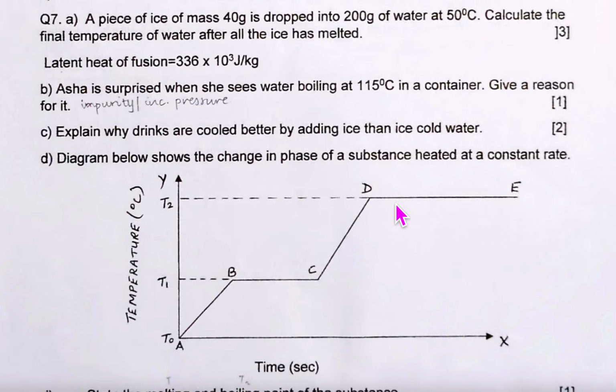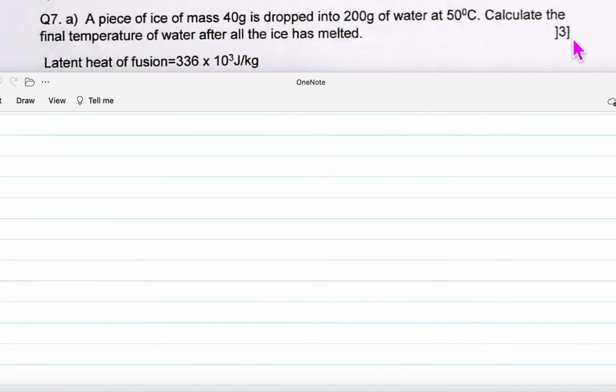Let us quickly solve this. You have the ice and there is water.